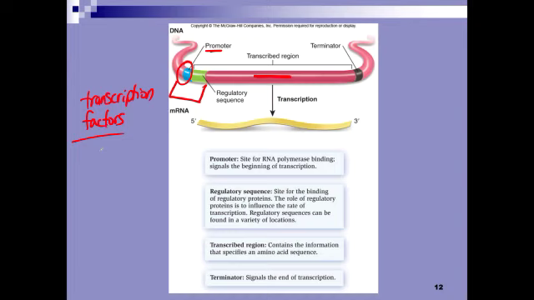When we talked about that EGFR pathway and that kinase cascade, and eventually all of that phosphorylation was leading to the activation of a transcription factor. That transcription factor is the protein that is responsible for finding the specific promoter sequence of a gene. And that's how we regulate how a gene gets turned on and how a gene gets turned off.